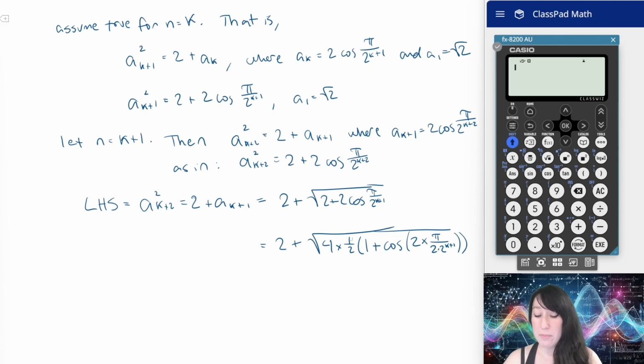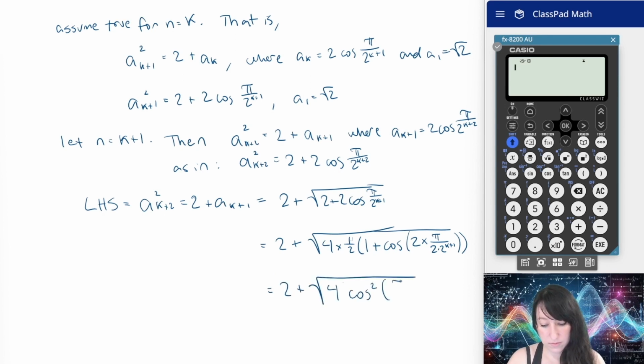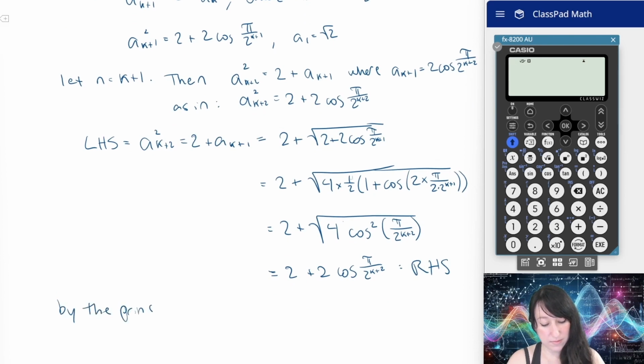Now that will become pi over 2 to the k plus 2. And we can square root. And that is actually the right-hand side we were looking for. So by the principle of mathematical induction, the statement is true.